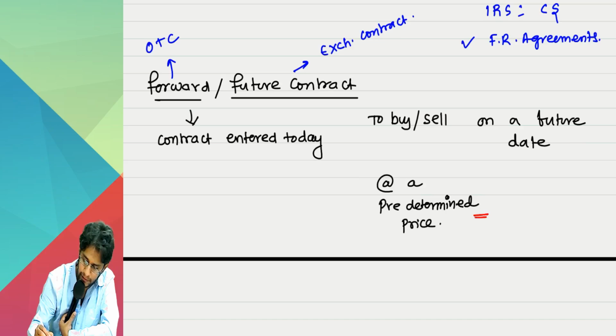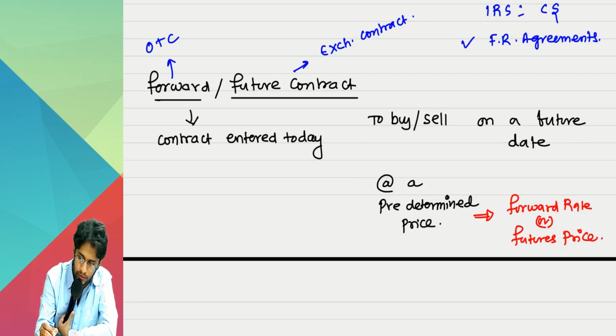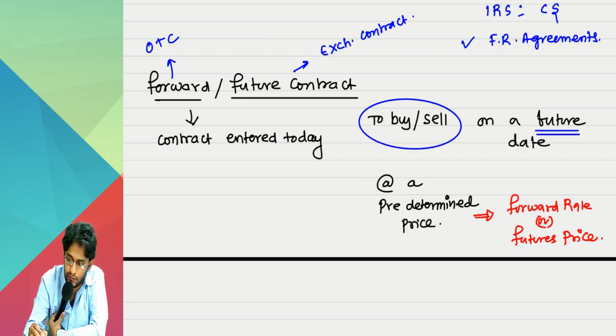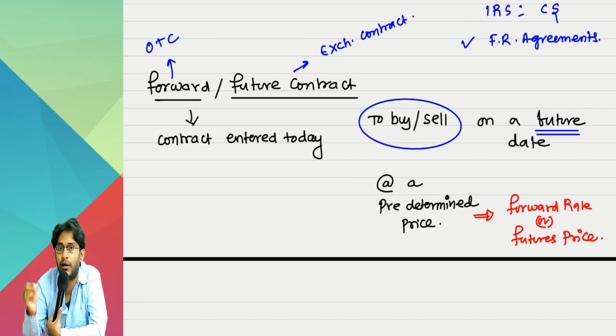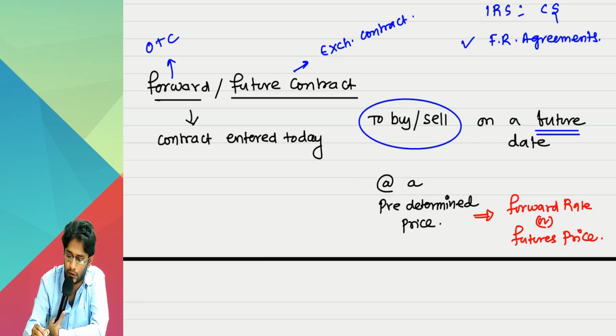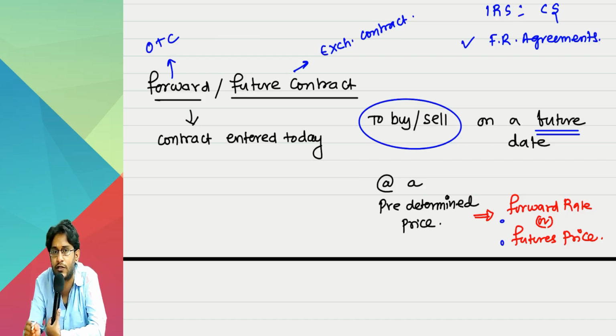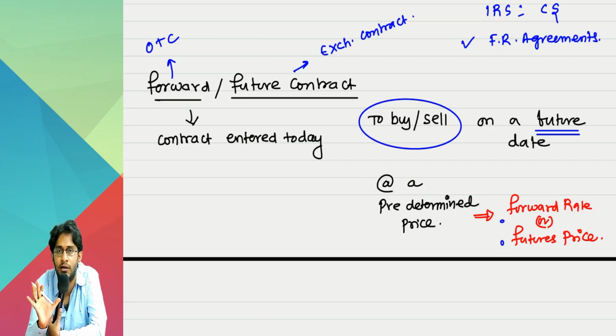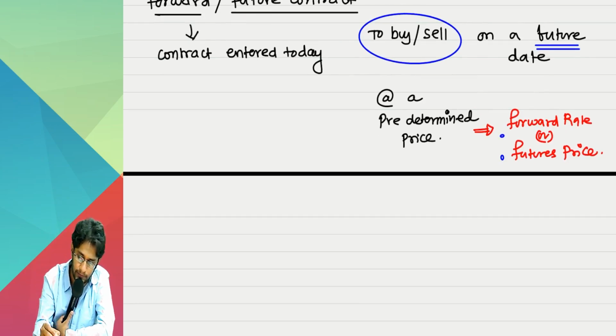This predetermined price, we will call this the forward rate, or in a futures contract it is called the futures price. So the contract is entered for buying or selling. Buying or selling will happen in future, but the price is already decided today. A decided price we are calling either a forward rate or a futures price, depending on whether it is forward or futures. This contract is called a forward contract. Now let's put some example.